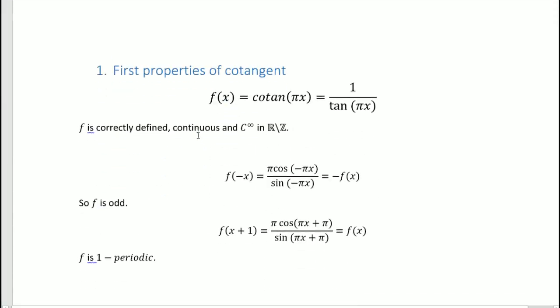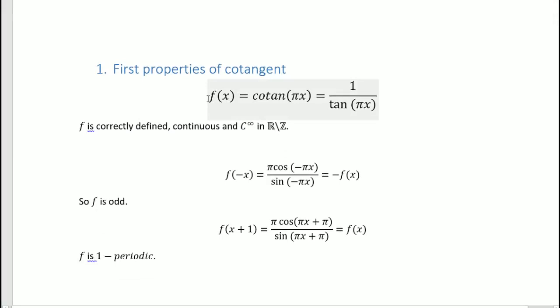So I'm going to start with the first properties of cotangent. I call f of x the function cotangent of pi x, which is 1 over tangent pi x. So why do we put the pi here?